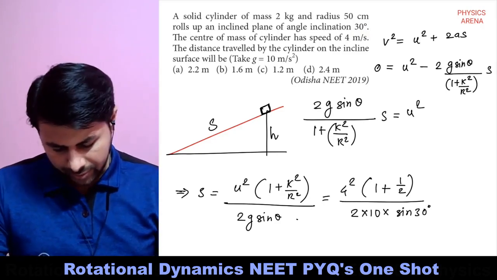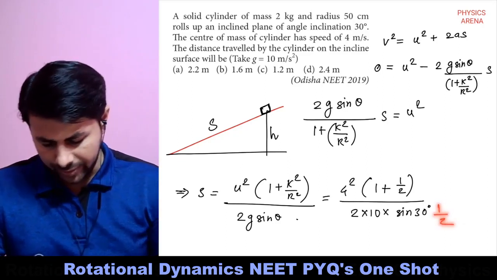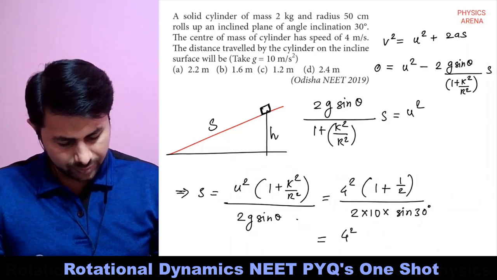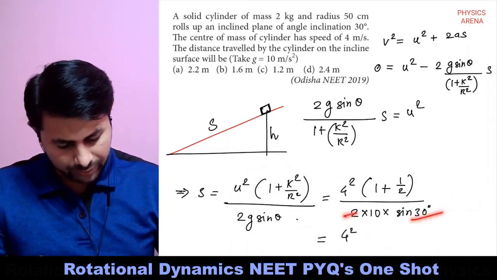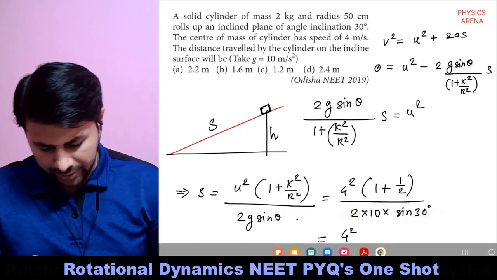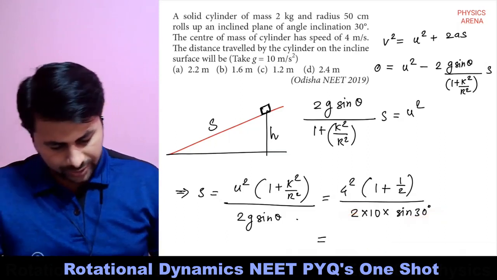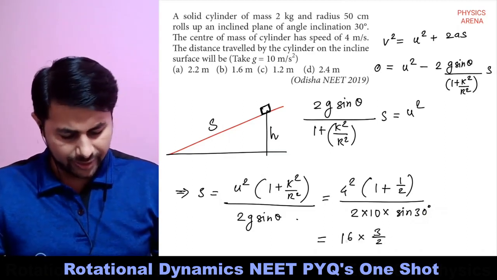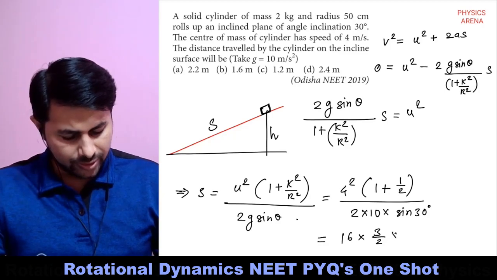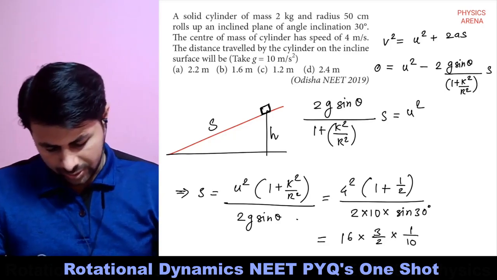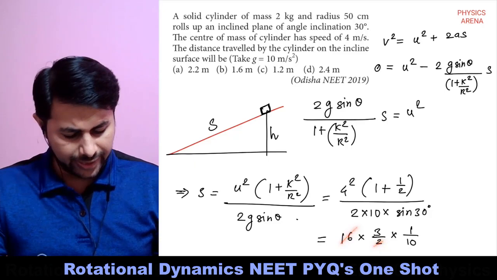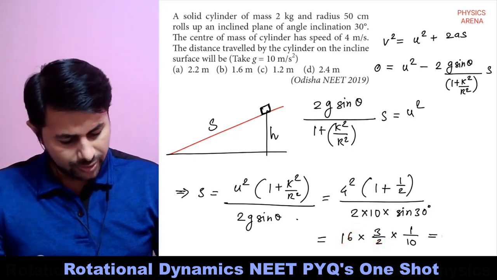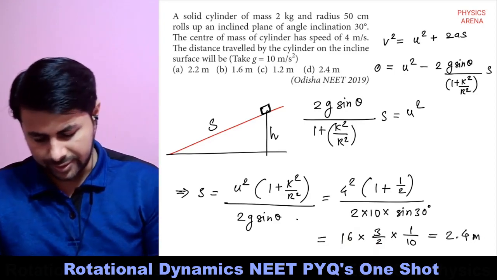So this is equal to 4 square, and this 2 and 1 by 2 get cancelled. So 4 square is 16, multiplied by 3 by 2 and divided by 10. So 16 by 2 is 8, 8 3s are 24, 24 divided by 10 is 2.4. Okay, 2.4 meters is the answer.